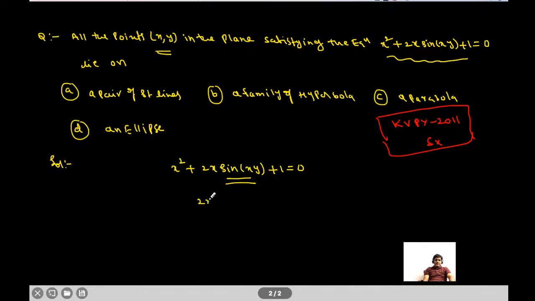That is 2x sin xy is equal to, you take the algebraic part, x square plus 1, to the right hand side, then it will be minus x square minus 1. Here an algebraic term x is also there, so divide throughout by x. Then 2 sin xy is equal to minus of x plus 1 by x.